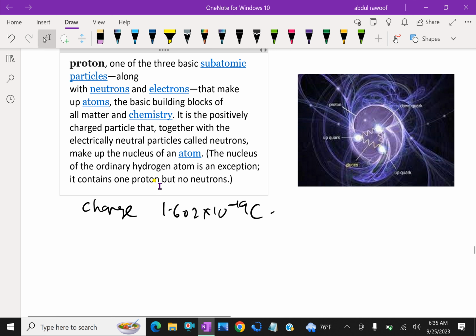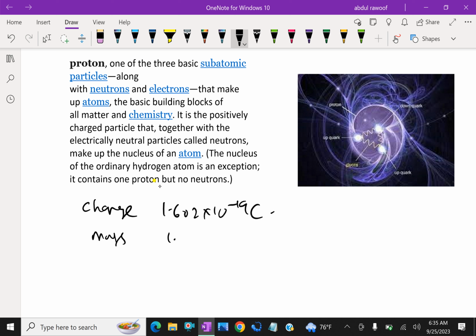The mass of the proton is equal to 1.672 into 10 power minus 27 kg.